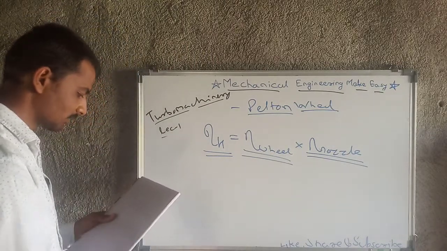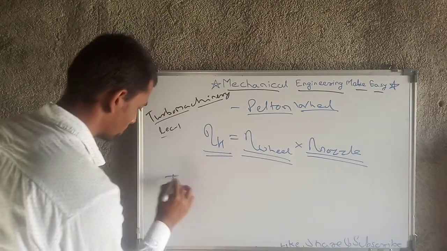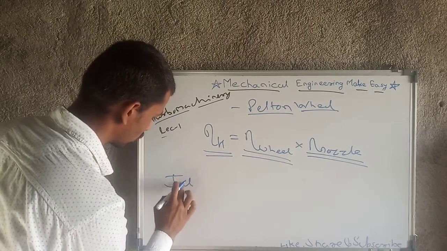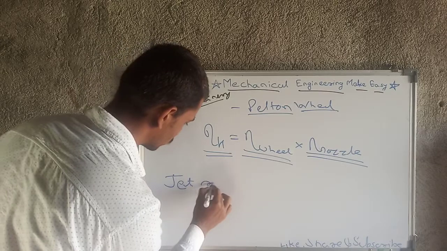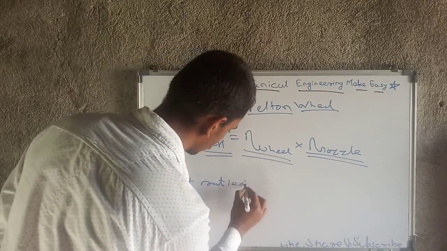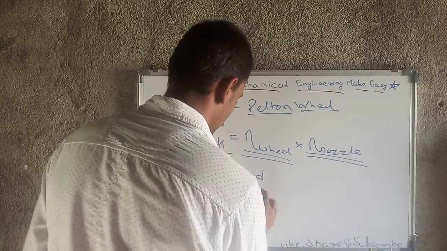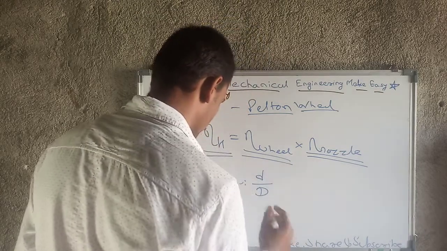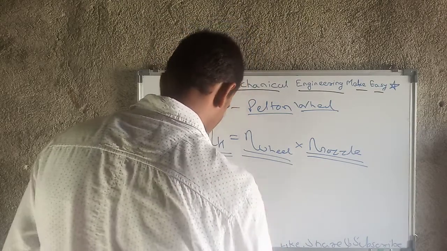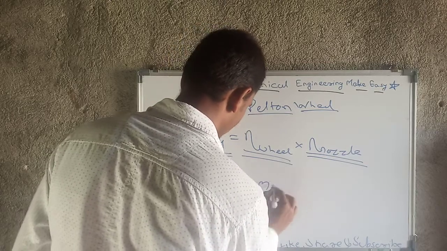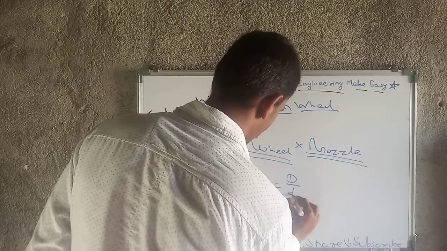and next is nothing but jet ratio. Jet ratio is denoted by m, and which is equal to capital D upon small d.